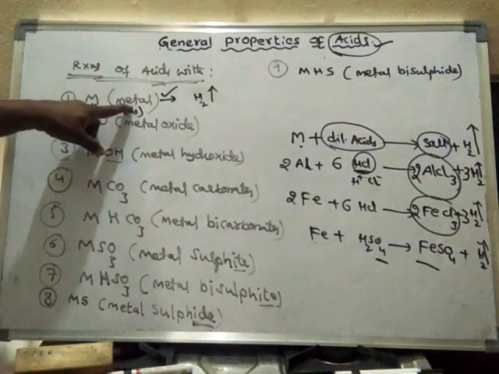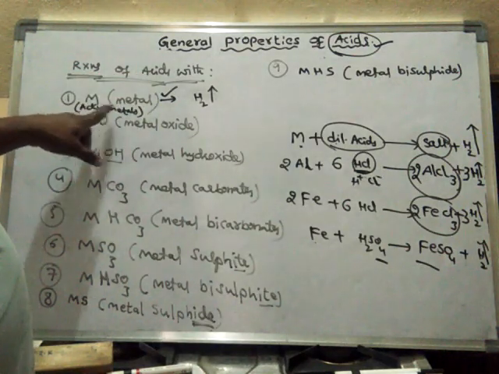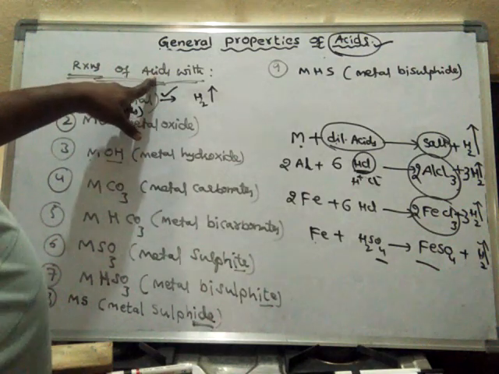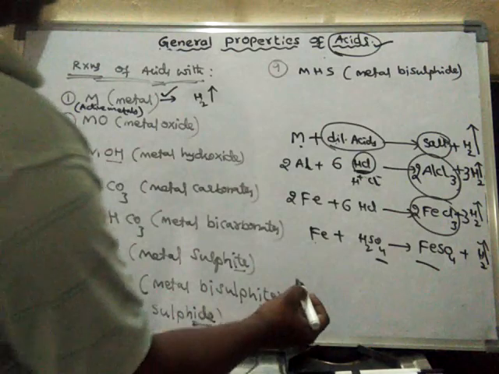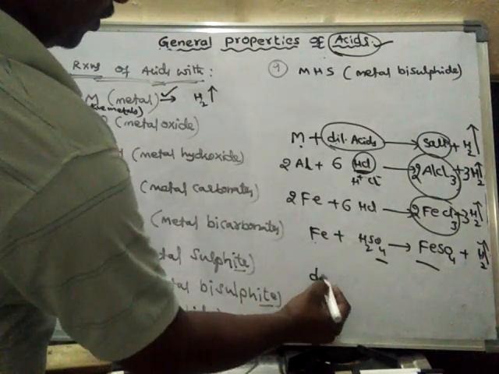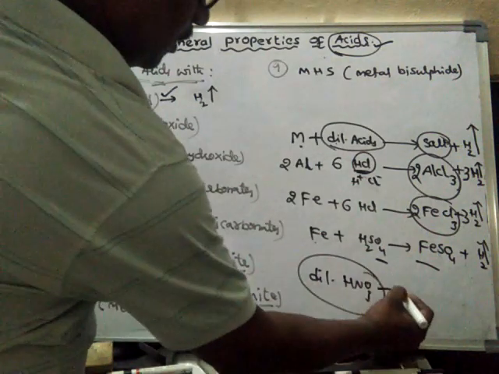That means when active metals are reacted with dilute mineral acids, hydrogen is liberated. But don't take dilute nitric acid.